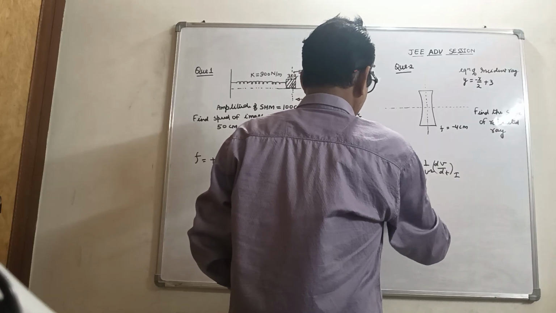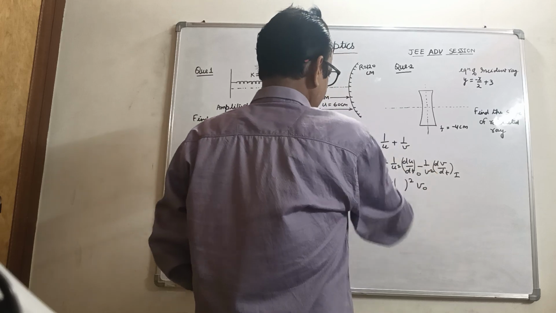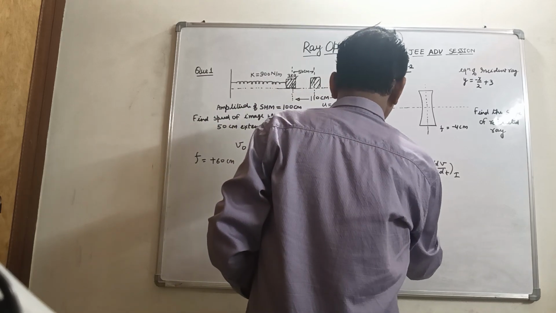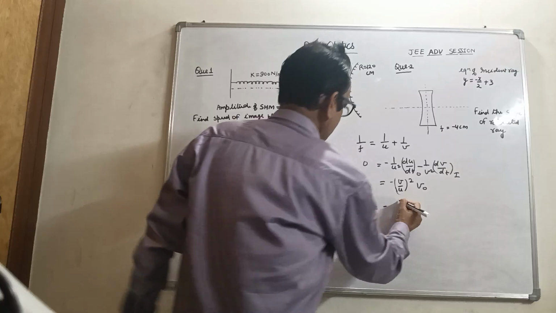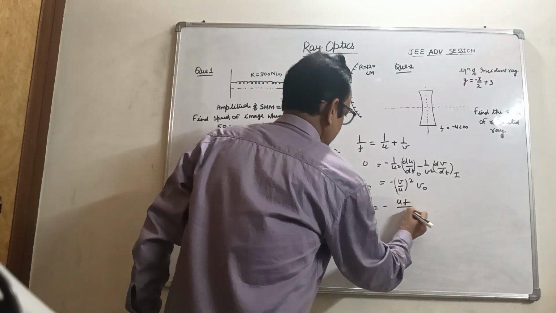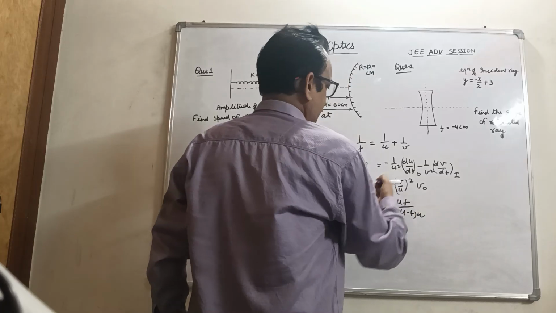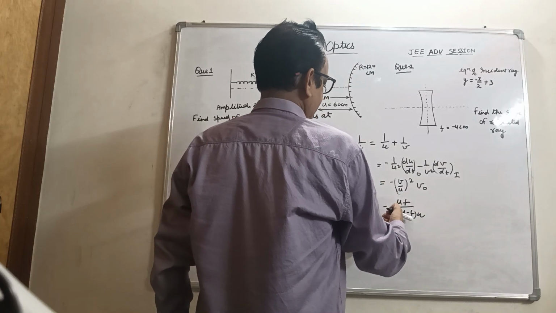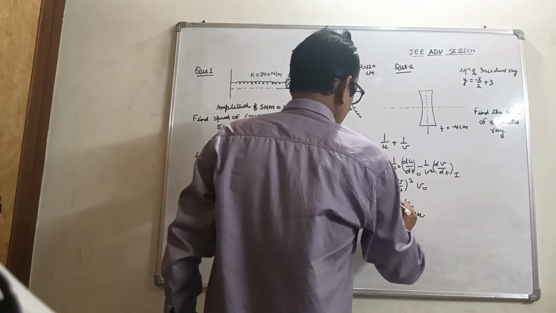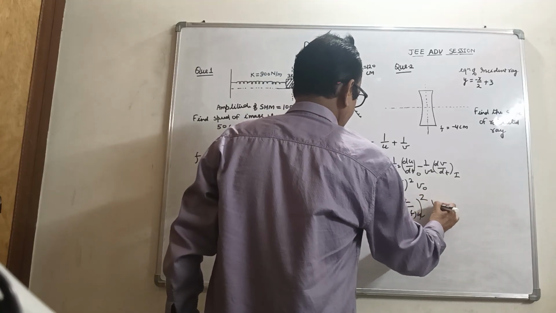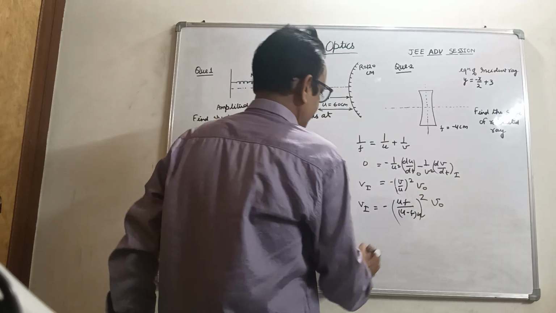This would be v by u, where v is equal to uf upon u minus f, whole square, into velocity of object.